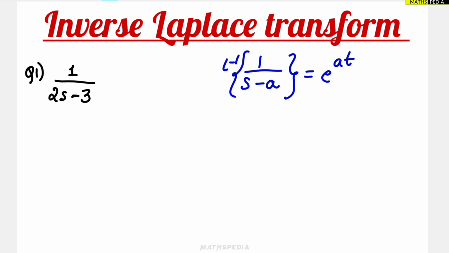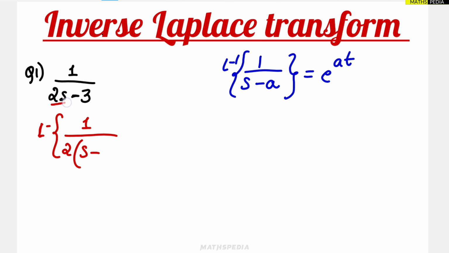So what will happen here? We have 1 divided by 2s minus 3, and we are taking the Laplace inverse. So Laplace inverse of 1 divided by 2, I'll take it outside. What will be remaining inside? S minus, and be careful: whenever you take 2 outside, the 2 has to divide all the terms.